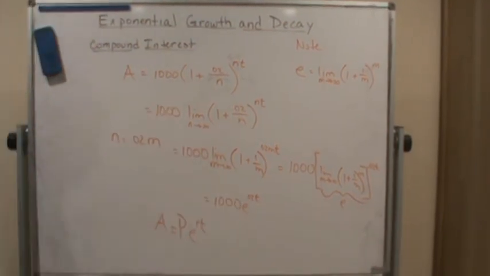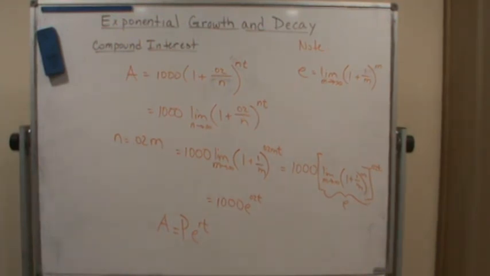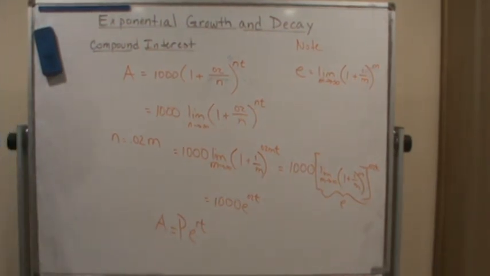And then A is the accumulated amount, or future value. Okay? And this is the formula for continuous compounding.